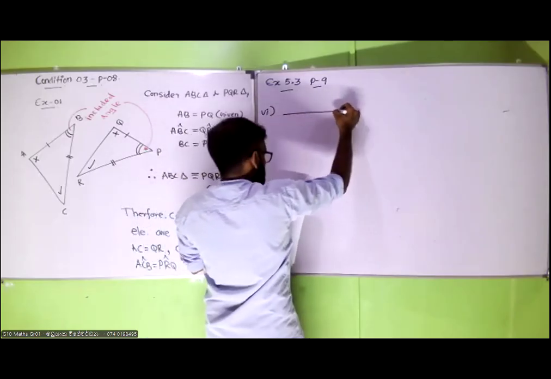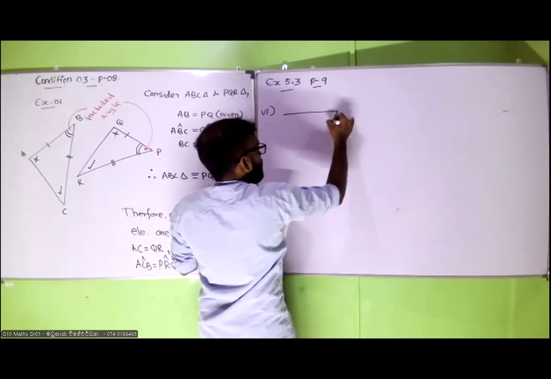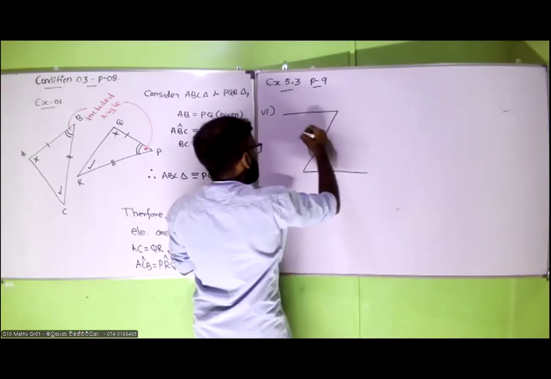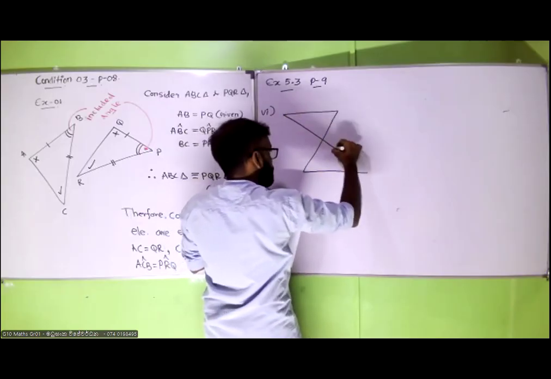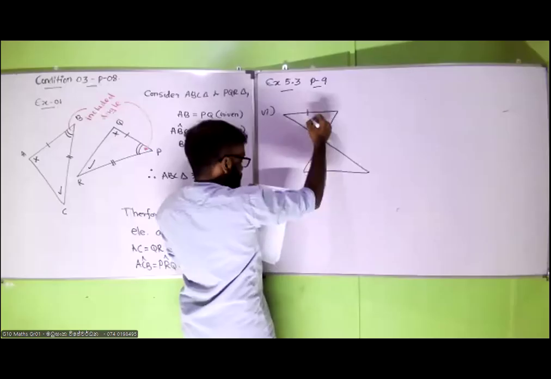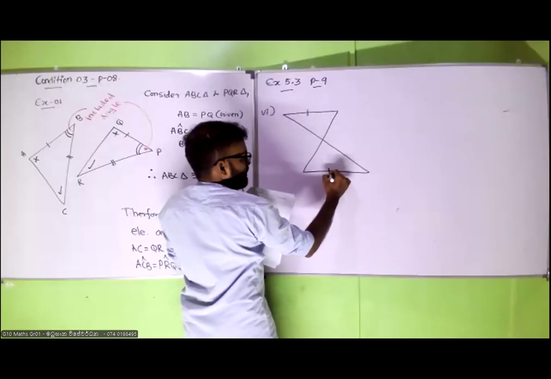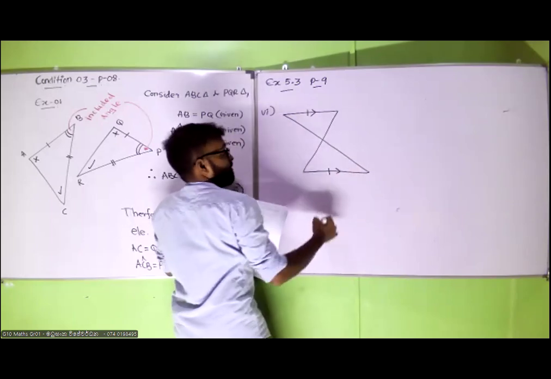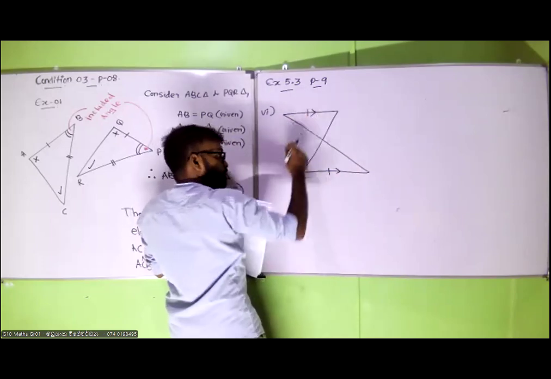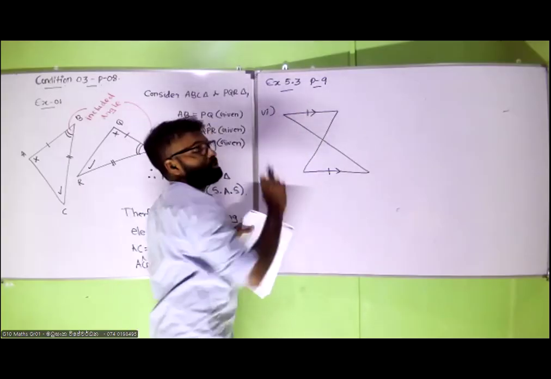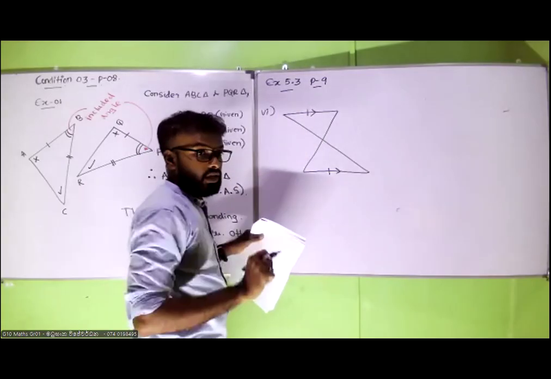I think you are familiar with these kinds of questions. This side equals this side, and also this side is parallel to this side as well. This line is parallel to this line.